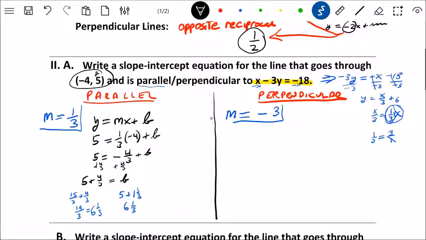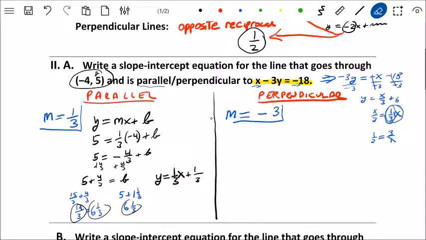So that means our equation is y equals 1/3 x plus either 19 over 3 or 6 1/3. Your choice. Since I have this other one set in fraction as 1/3, I'm going to keep it 19 over 3 this time.